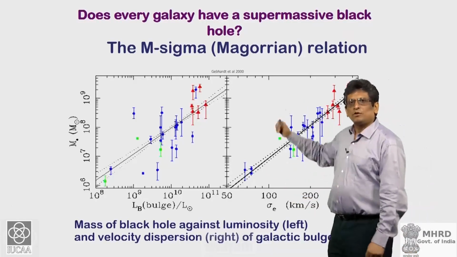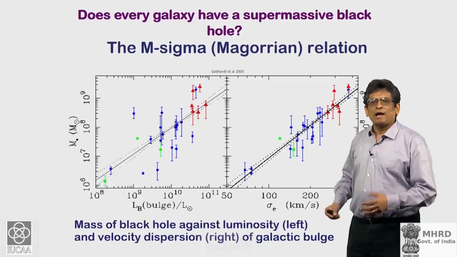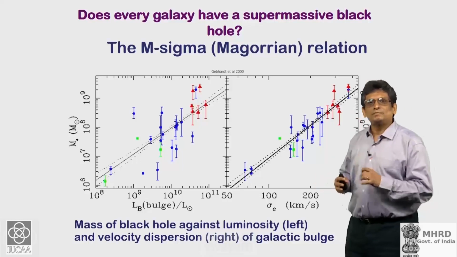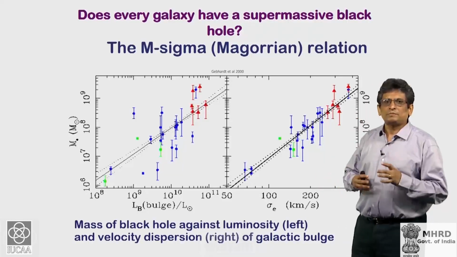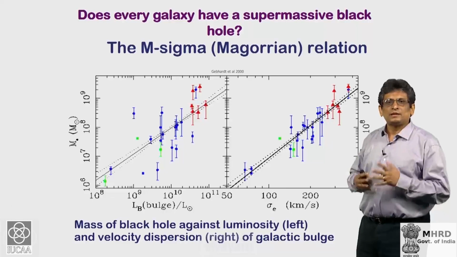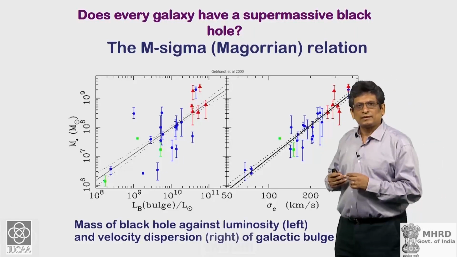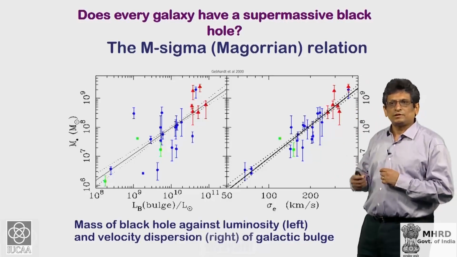This is often known as the Magorrian relation. We now have measurements of these in many, many nearby galaxies, where the mass is measured by the various methods I talked about, the reverberation mapping method, the dynamical methods, and also looking at the dynamics of the gas that's around the central black hole.